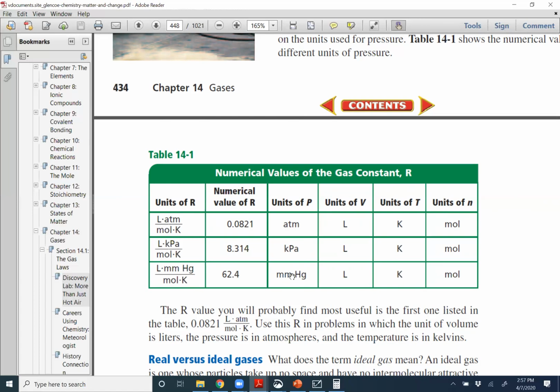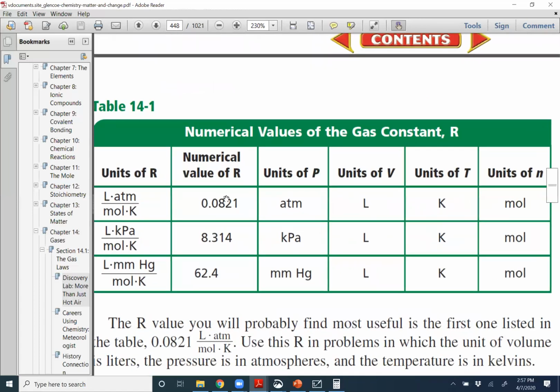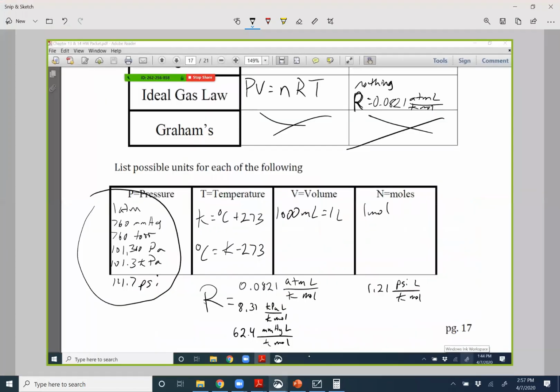Because there are different measurements that we can use for volume, we can get different R's. We're going to use these 3 mostly, but I also wrote the R for PSI on your page, just in case we end up having a problem with PSI in it, we can answer that question.